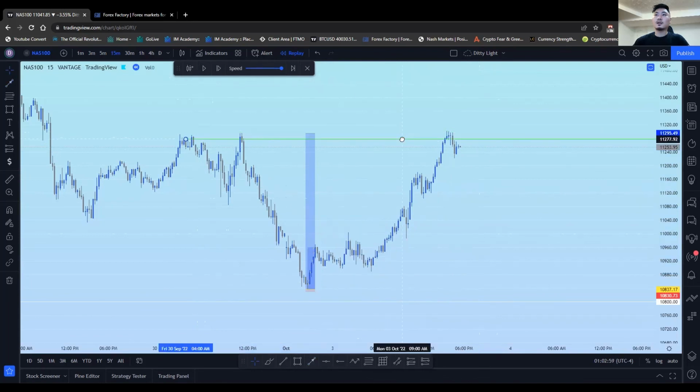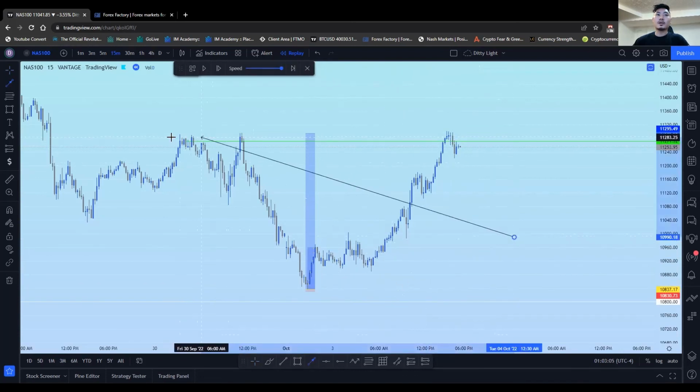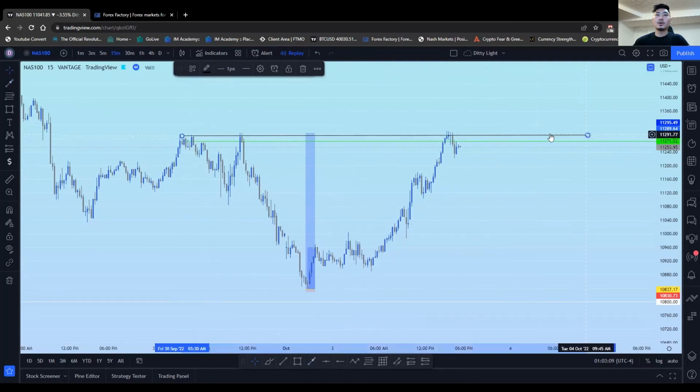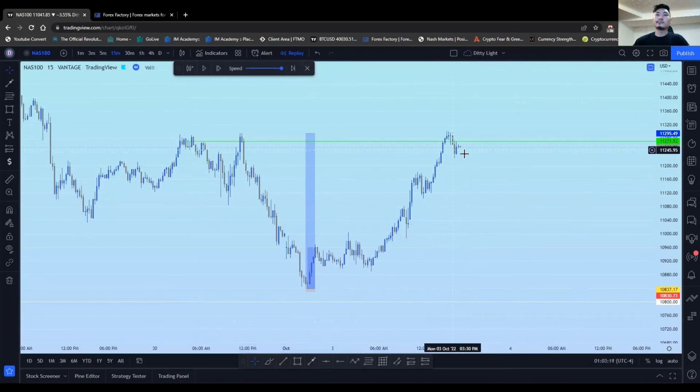Then I closed just below here, something like that. But it makes sense because in the past, right, here we sold. So potentially if we hit that area again, we're gonna sell again. So that's why I closed all my 10%, right, of position here.